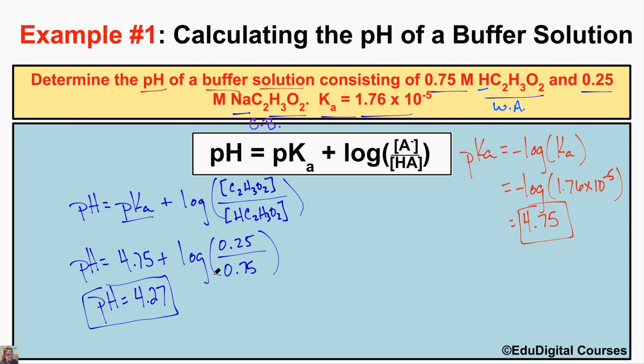So we just calculated the pH of this buffer solution. The pH of our buffer solution is equal to 4.27. Now, does this answer make sense? Well, anytime the pH is less than the pKa, which it is right here, we can see our pH is 4.27, our pKa is 4.75.